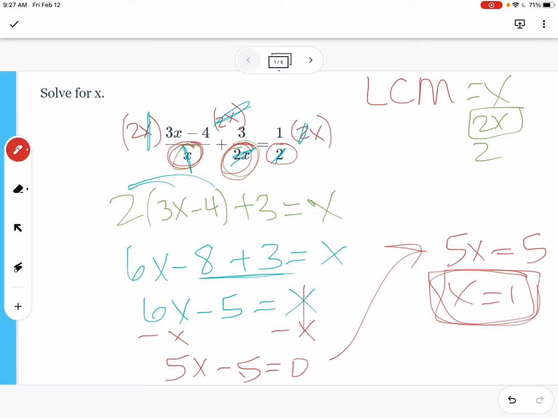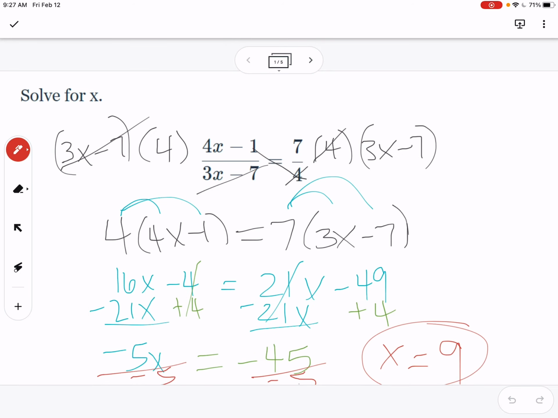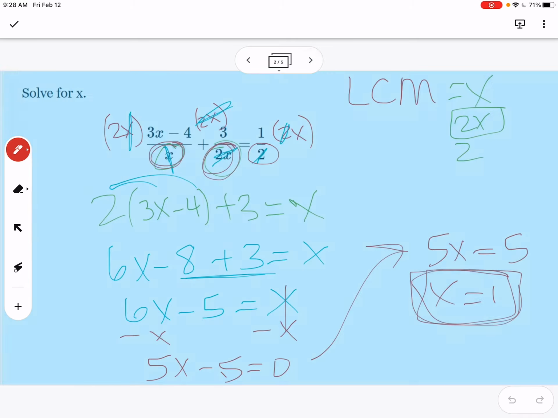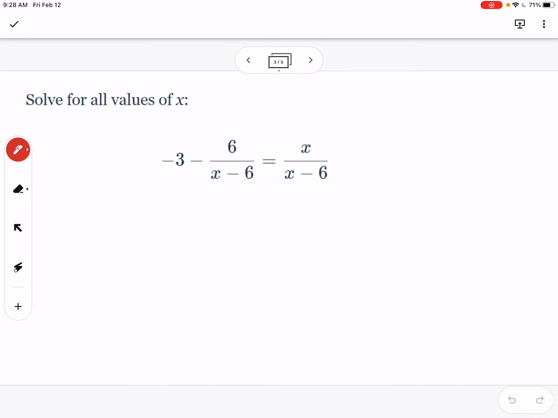In fact, on this last one I didn't take this 9 and plug it back in to make sure I wouldn't get 0 on the bottom. So what would I get? I would get 3 times 9 minus 7. Okay, that's not 0, so I'm okay. This solution is a solution. Okay, you have to make sure you check for those extraneous solutions, which just means your denominator would be 0, because you can't divide by 0.